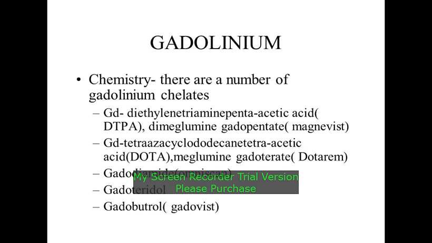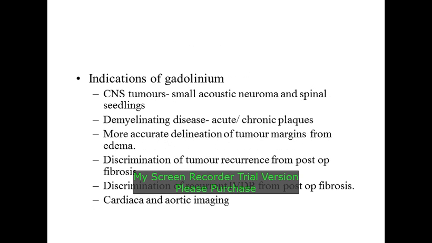Gadolinium. There are a number of gadolinium chelates: gadolinium diethylene triamine pentaacetic acid, DTPA, dimeglumine, gadopentetate, Magnevist; gadolinium tetraazacyclododecane tetraacetic acid, DOTA, meglumine, gadoterate, Dotarem; gadodiamide, Omniscan; gadoteridol; and gadobutrol, Gadovist.